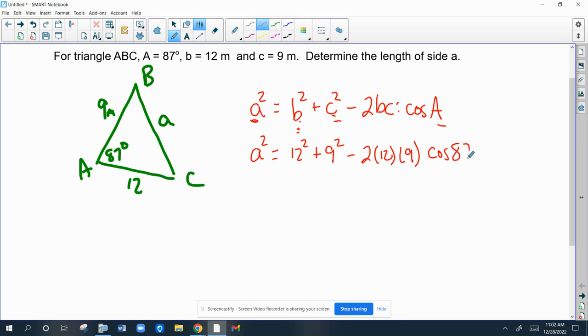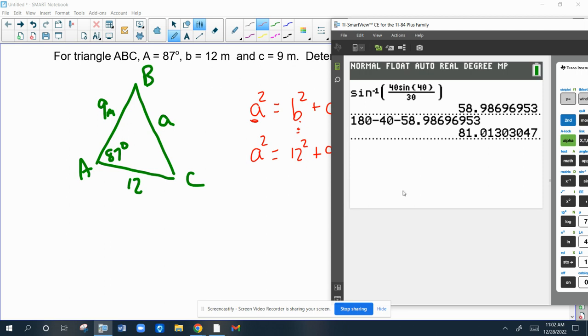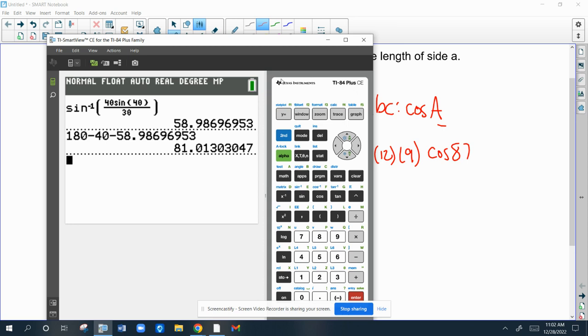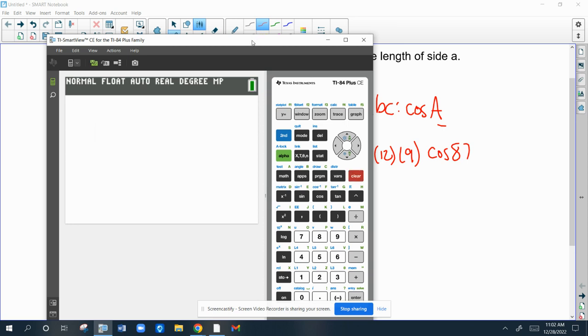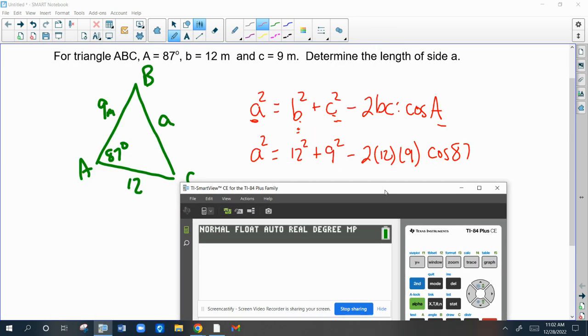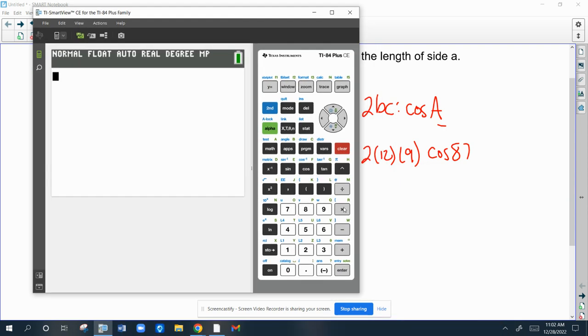In other words, don't start typing things in piece by piece. You have this whole side of the equation over on the right. The calculator does a good job at keeping order of operations. So let the calculator worry about the order of operations and just type it in exactly like it is. Make sure you're in degree mode, which I am.